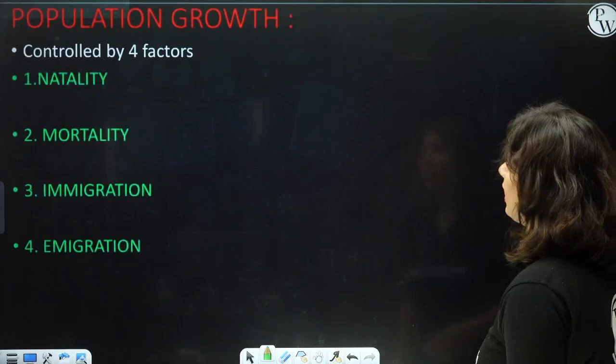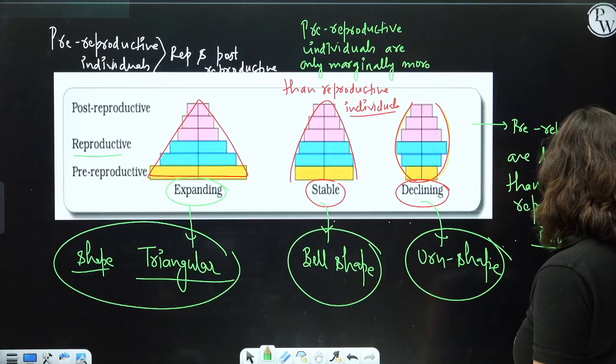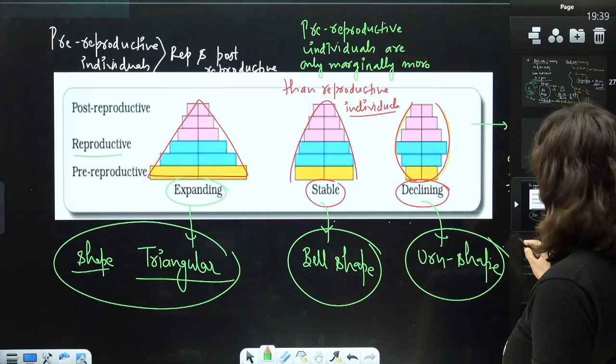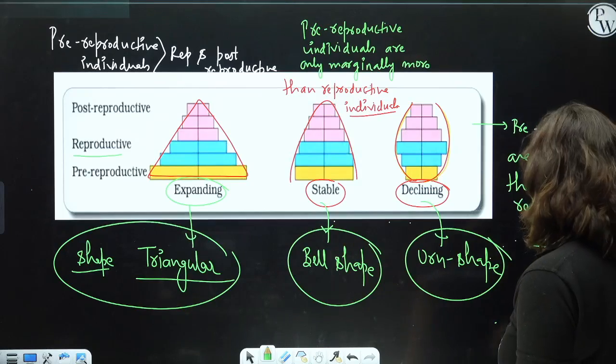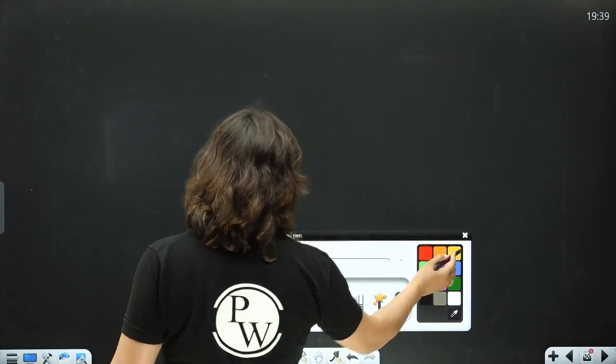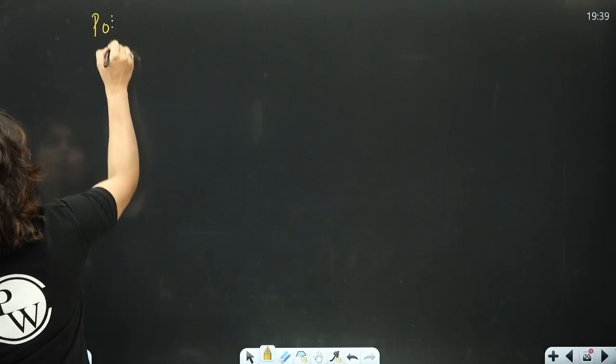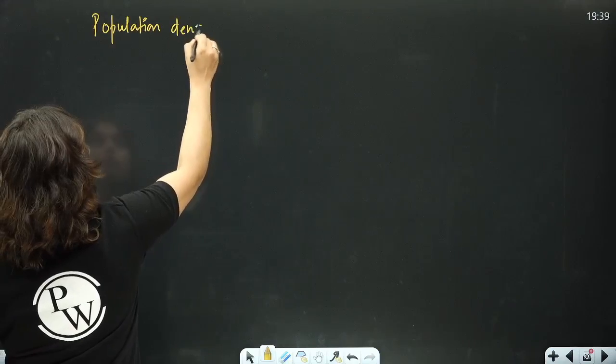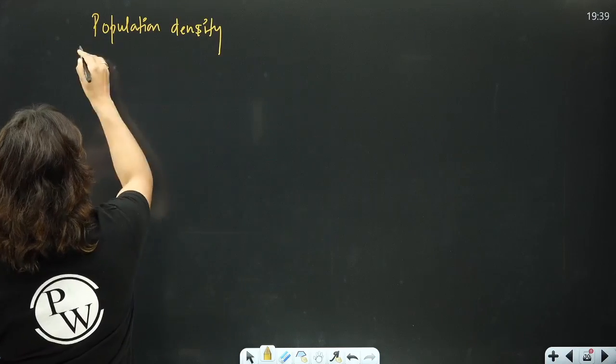Then after age pyramids, what's left? That is population density. Yes, one more population attribute is left, that is population density. So what is population density?